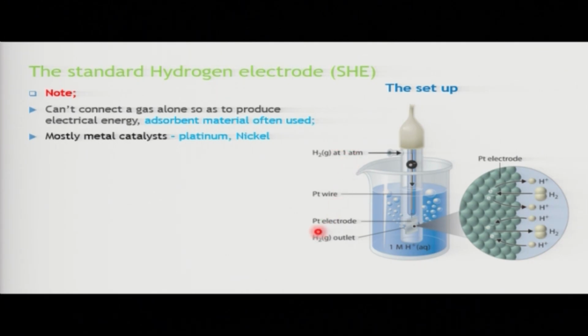So the platinum is acting as an electrode for it to avail the surface area for the reaction to occur. Remember, we talked of adsorbent material, something whereby the gas molecules will come and get stuck and get adsorbed for them to lose electrons.